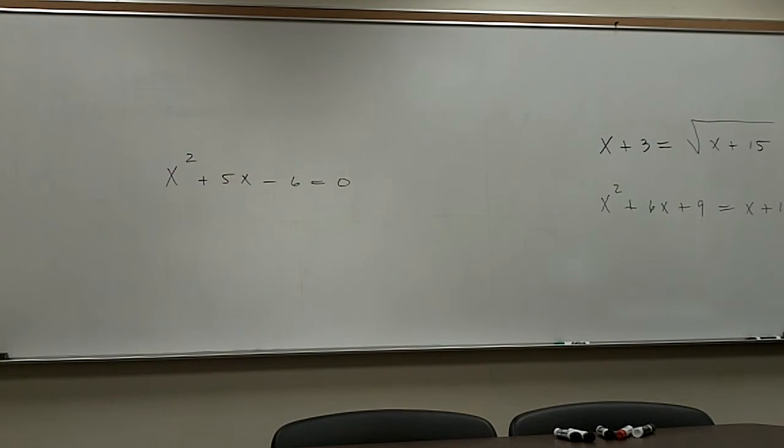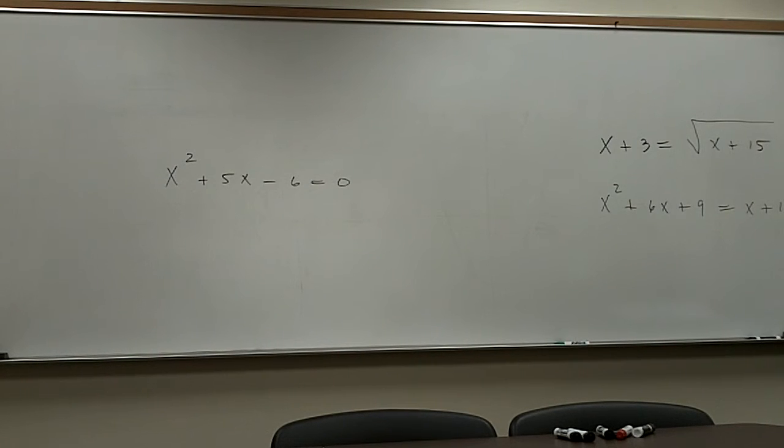Now look, it's very simple to know whether or not you should attempt completing the square. Let's suppose that was not factorable, like you got it factored real quickly a minute ago. But what if it was not factorable? And you say, do I use the completing the square method?